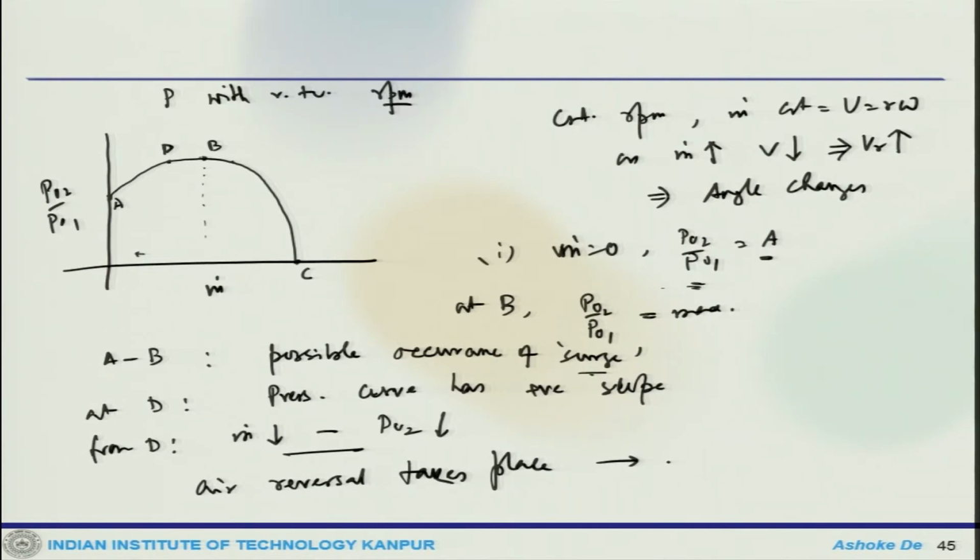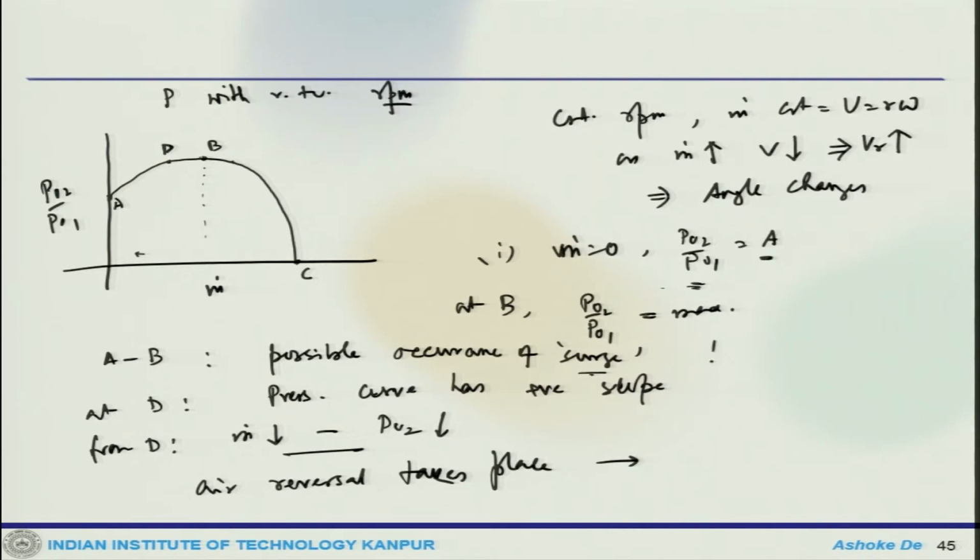When that happens, the surging does not occur immediately at the operating point; as it moves left to B, initially the downstream pressure may fall at a faster rate than P2, but as m dot is reduced, sooner or later the compressor will go into surge, unstable between A and B. So, this is what is important. That means between points A and B, the compressors do not operate between these two points, because surge may occur.